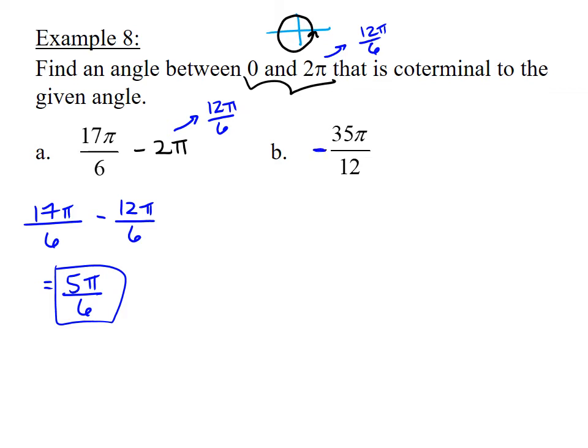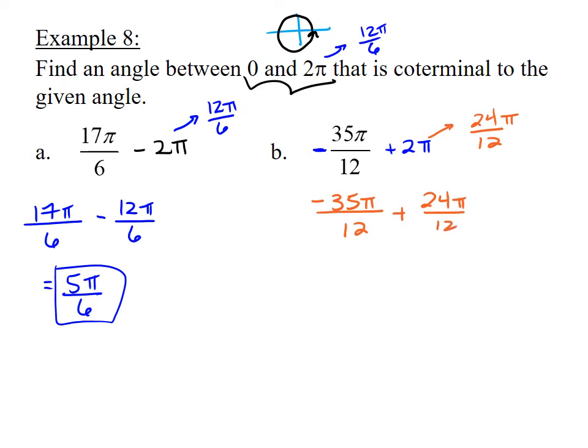If you have a negative, like in part B, we will add 2 pi to this. Notice here that my denominator is 12, so I want to rewrite 2 pi with a denominator of 12. I know that 12 goes into 24 2 times, so I will rewrite 2 pi as 24 pi over 12. So negative 35 pi divided by 12 plus 24 pi divided by 12.